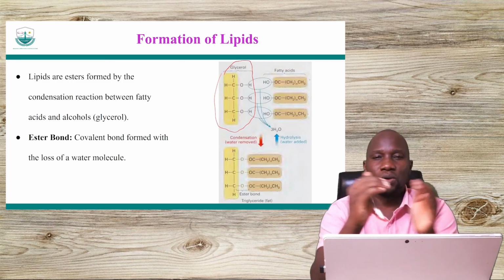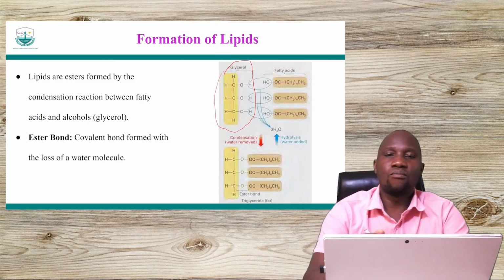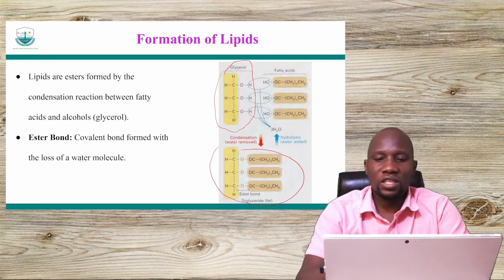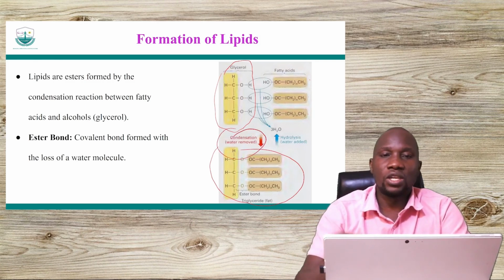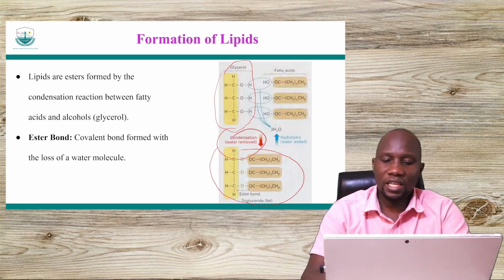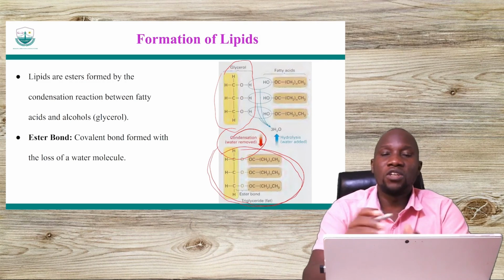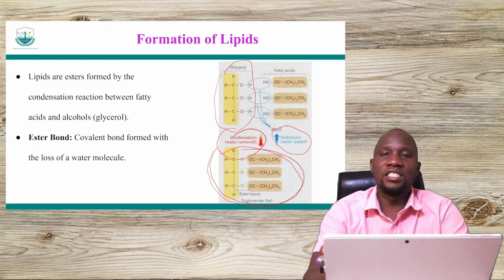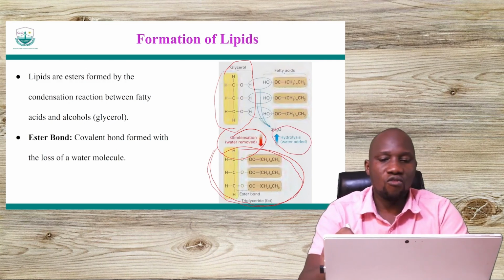When a compound is building up to form a larger molecule, which is this here and here, that is what we call condensation. Usually water is lost in that reaction. And when you're breaking this complex compound into its constituents, that process is what we call hydrolysis, and it involves the addition of water.